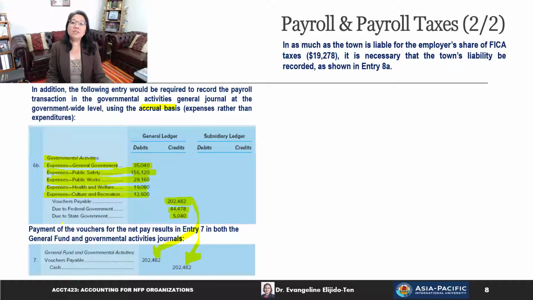Now, inasmuch as the town is liable for the employer share of FICA, notice that the one that we recorded before was the employee share. We deducted it from the salaries of the employees. Now, the employer share of FICA would also be the same, 19,278.